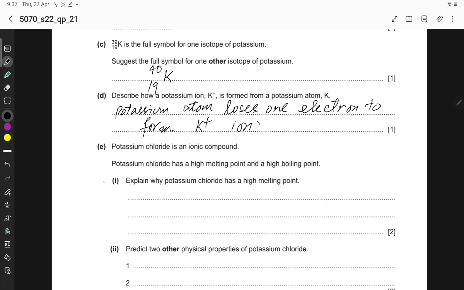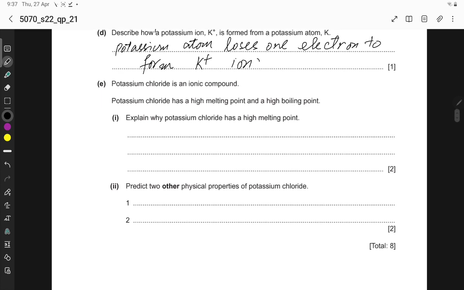Potassium chloride is an ionic compound. Potassium chloride has a high melting and boiling point. Explain why potassium chloride has high melting and boiling point.